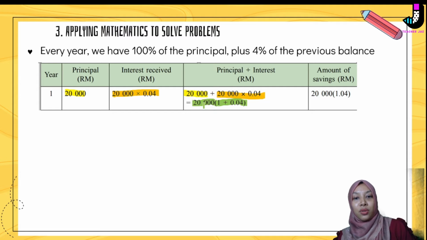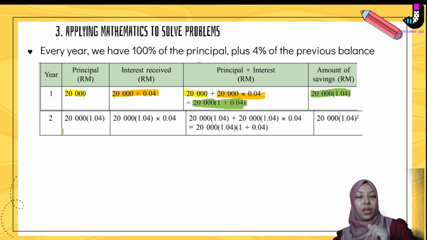Because 20,000 times 1, you will get back 20,000. And 20,000 times 0.04, nampak? When you multiply it back in, dia akan jadi balik atas. From this, the green one, you will get the amount of savings at the end of year 1, 20,000 multiplied with 1.04. Mana datang 1.04? Here, 1 plus 0.04.